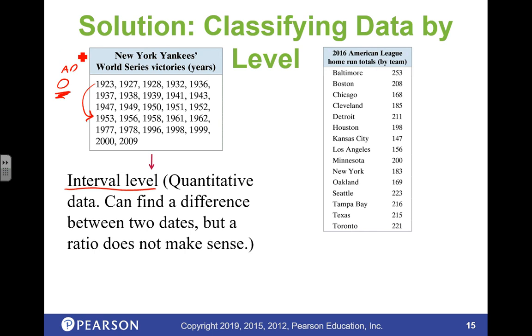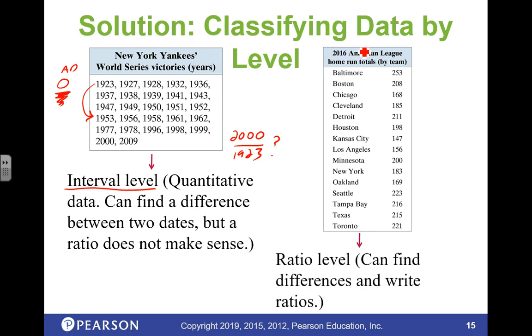There are years before that. There are prior years to the year zero. Also, a ratio would not make sense. If we took the year 2000 and divided by the year 1923 or so forth, what does that ratio even mean?